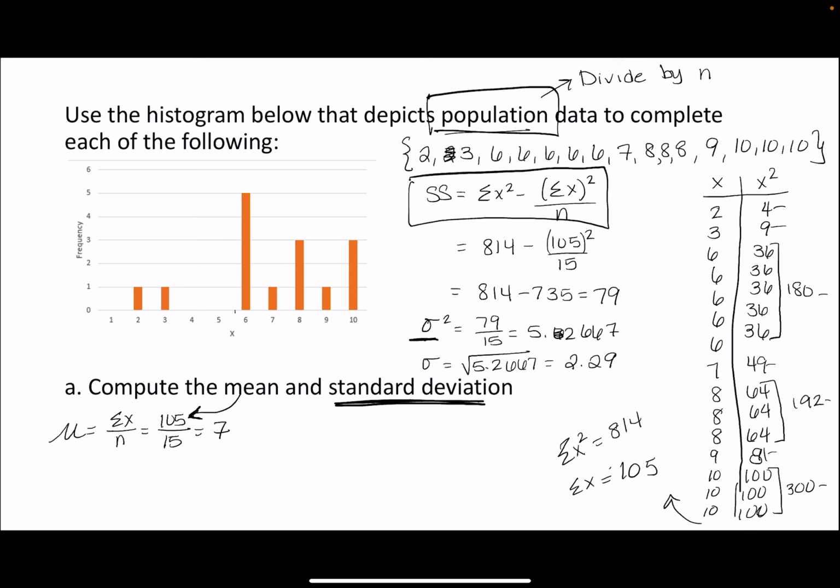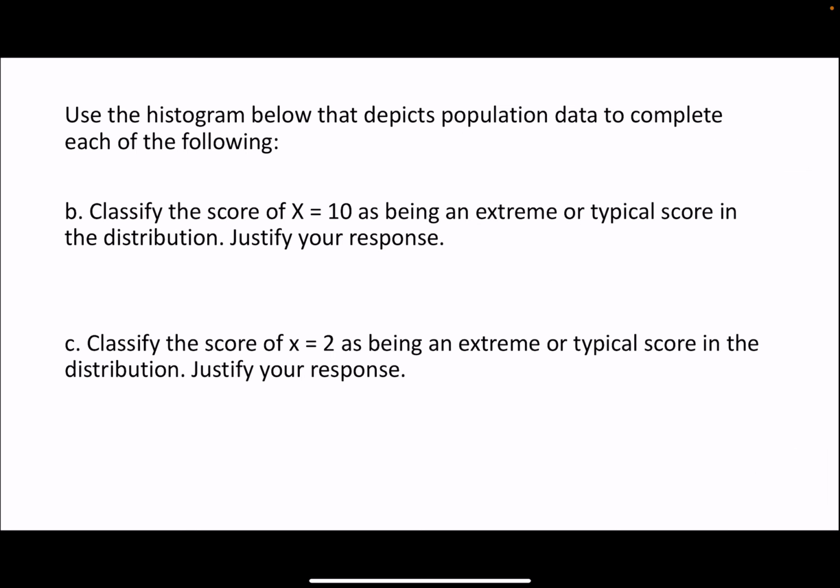Okay, so let's look at the next problem that says, using our information above, determine whether or not 10 is an extreme score, and the same thing for 2.